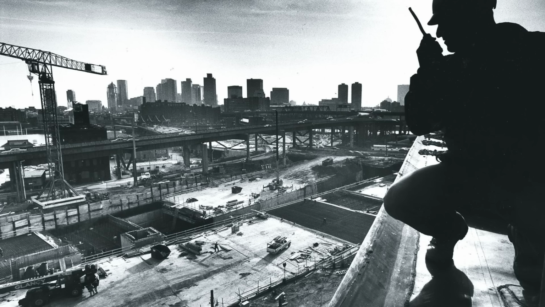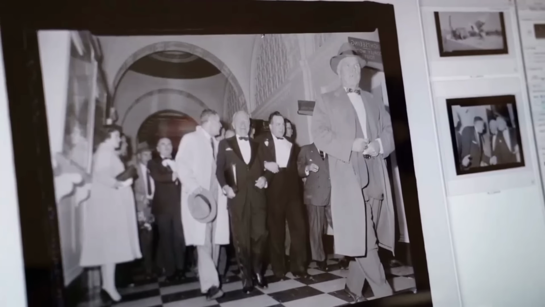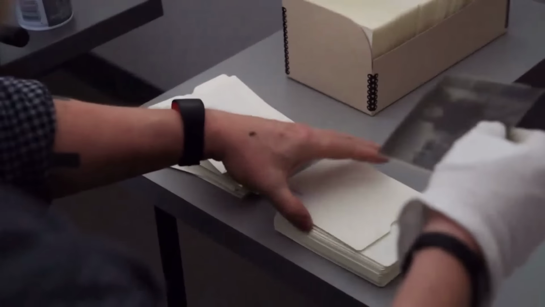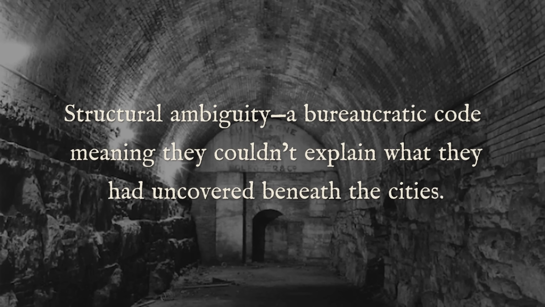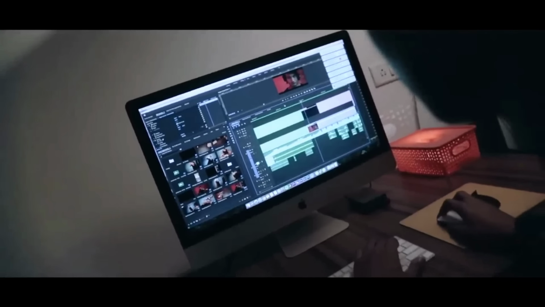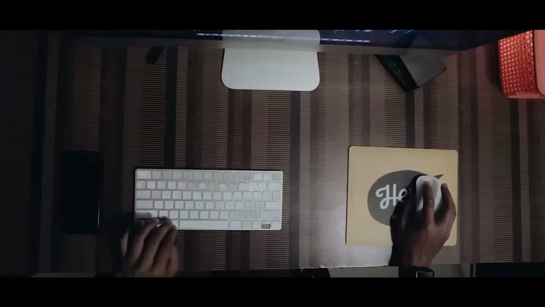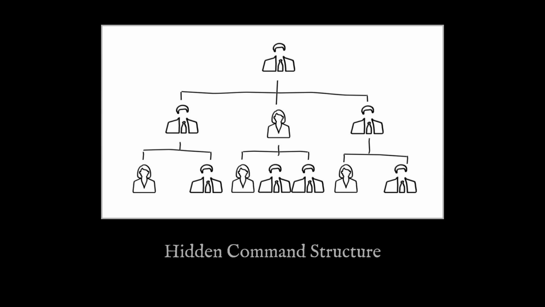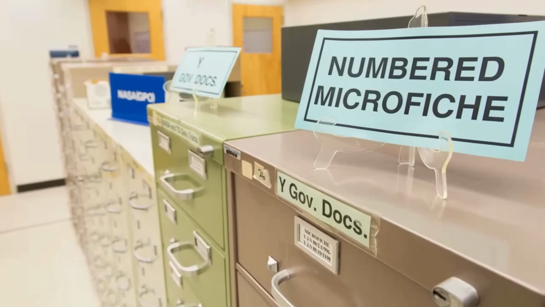A 1947 Boston renovation file states that lower vaults present structural ambiguity and recommends permanent sealing. Structural ambiguity is a bureaucratic phrase meaning they could not explain what they had found. I kept looking for a mundane explanation. None fit. The systematization implied centralized decision-making, yet no central authority appears in the records.